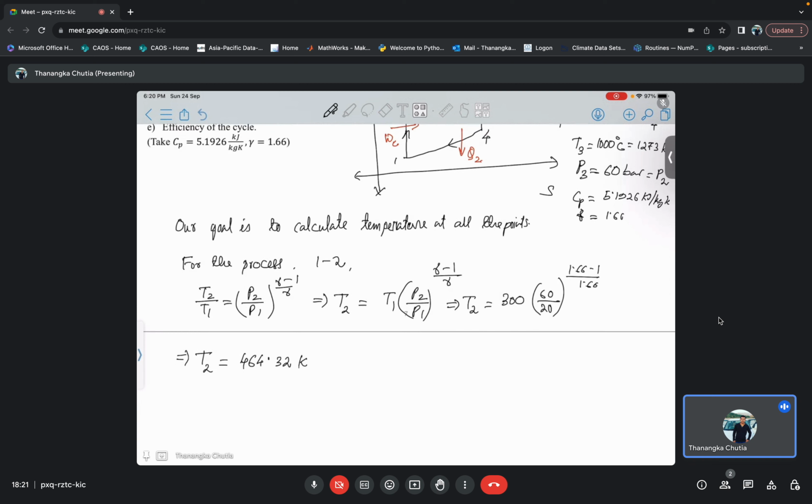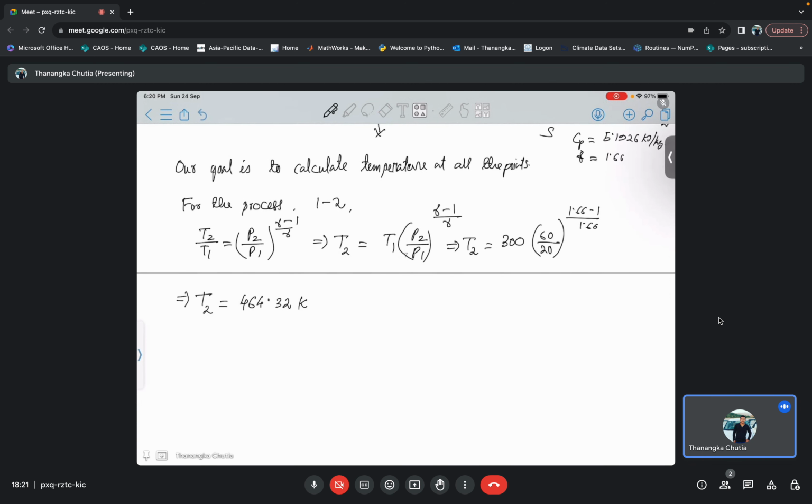So we know T1, we know T2, we know T3. Now we want to know T4. Okay, so for the process 3 to 4, T3 divided by T4 is equal to P3 divided by P4 to the power gamma minus 1 divided by gamma. So from here T4 is equal to T3 divided by P3 by P4 to the power gamma minus 1 divided by gamma. So what is T3? 1273.